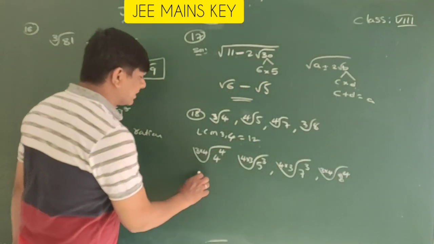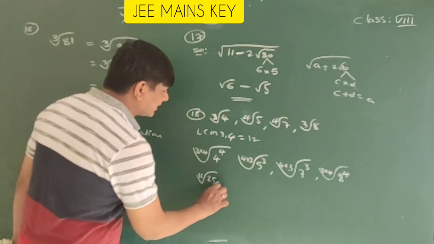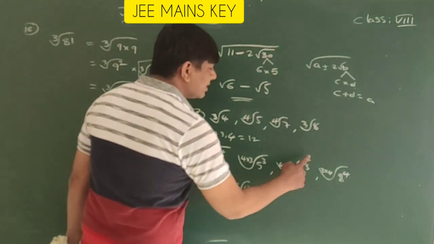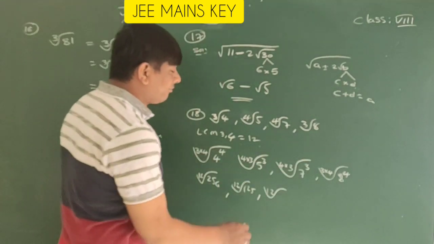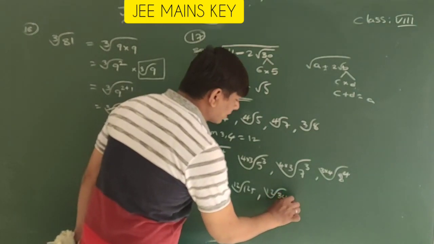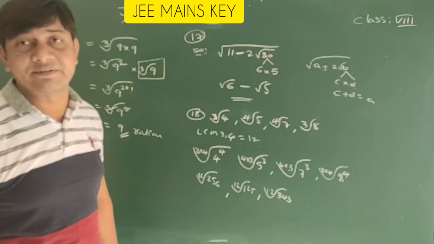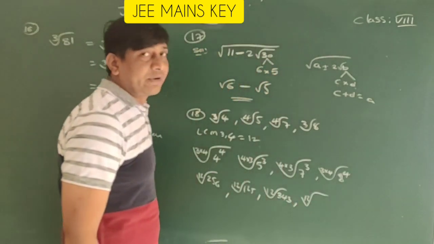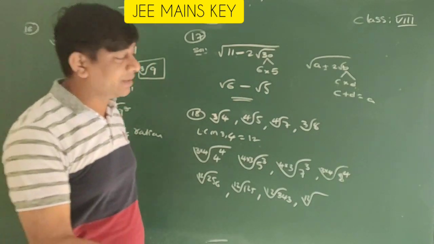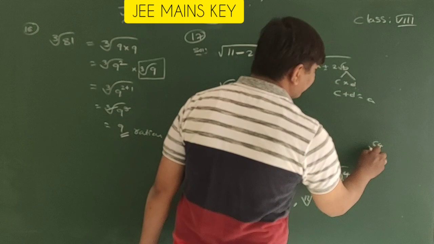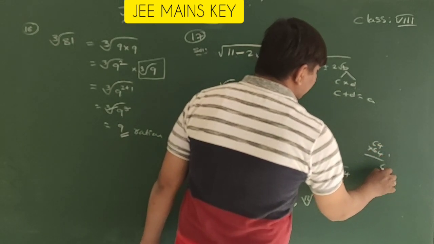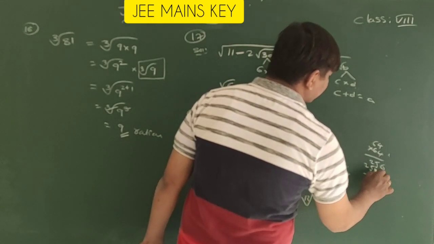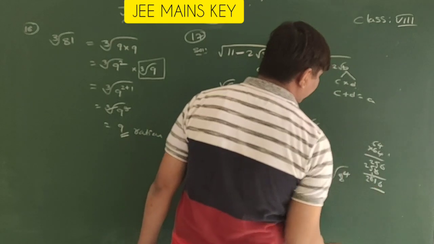Now 4 power 4 is 12th root of 256. 12th root of 125. Again 12th root of 7 cube, 7 cube is 343. 7 7s are 49, 49 times 7 is 343. And the next one is 12th root of 8 power 4. 8 8s are 64, 64 into 64 is a very big number, 4096.